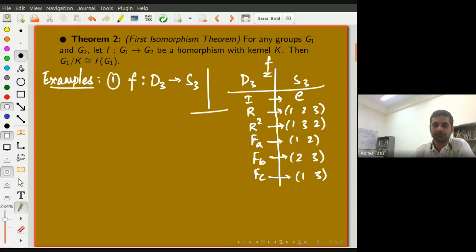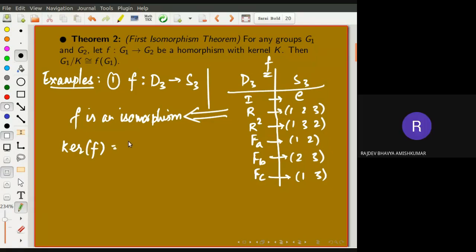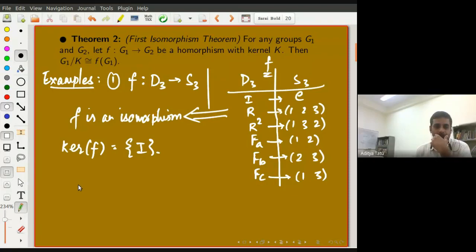In fact, that is what I meant when I said this example as such is not very interesting. Why? Because what is the kernel of F? Just I. Identity. Just I. Okay, and moreover, what is F of G1? This G1 is D3. What is the range? It's equal to your codomain, obviously, S3.